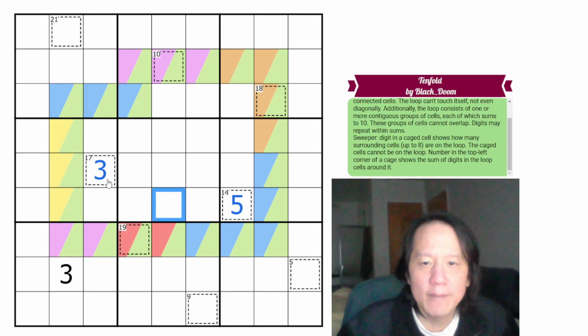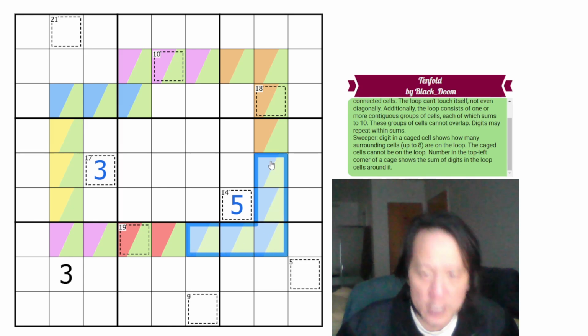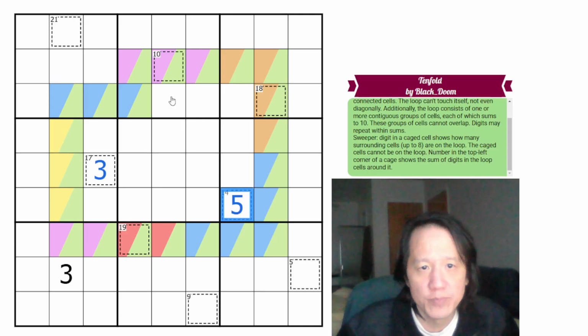Numbers in the top left corner of the cage show the sum of the digits in the loop cells around it. So this would be saying that the cells that are on the loop, these 5, would have to add up to 14, because that's the number shown there.